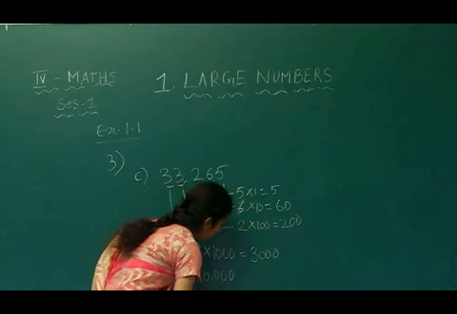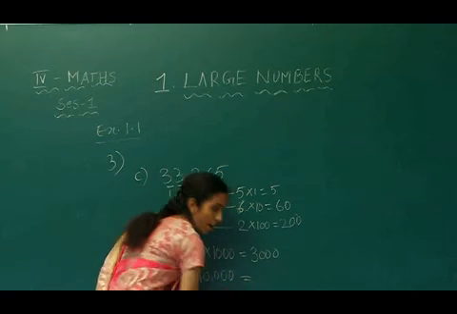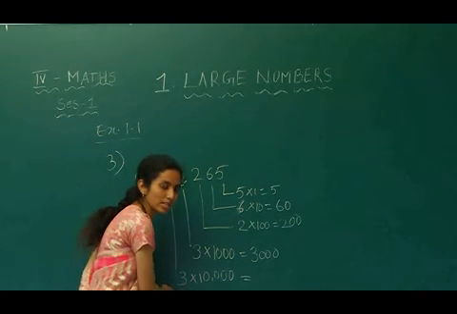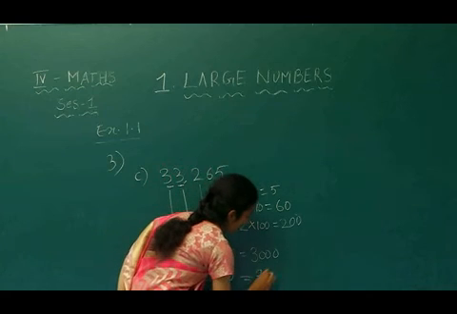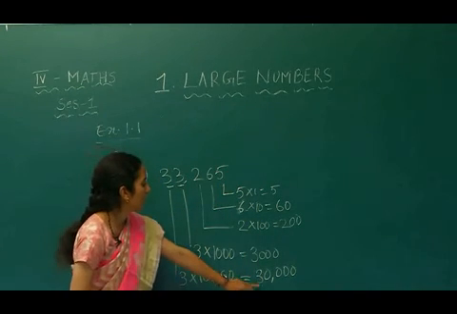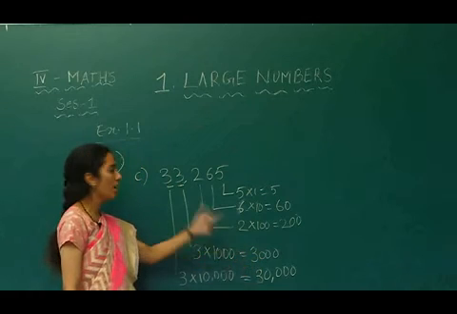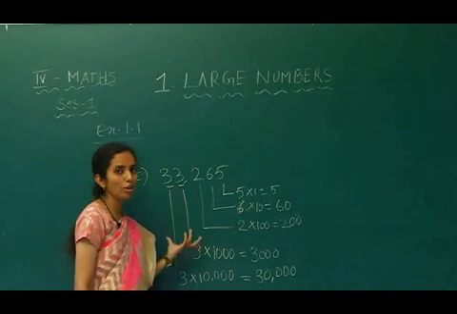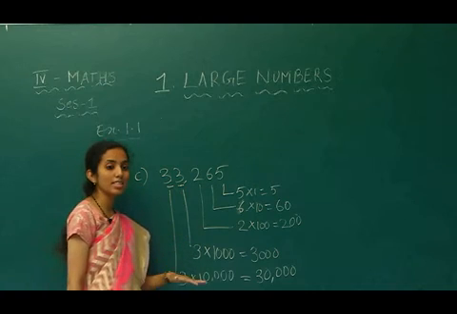10,000. Is it visible, children? Are you able to see this? Yes, 30,000. So, 30,000 and 3,000 is the place value of those threes. So, what is he asking?